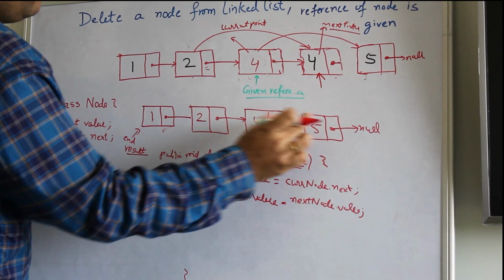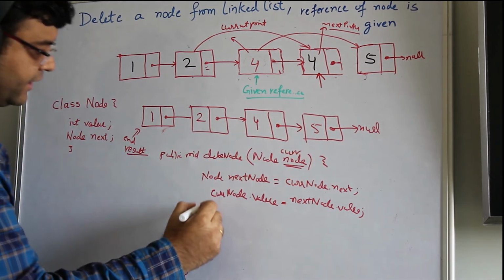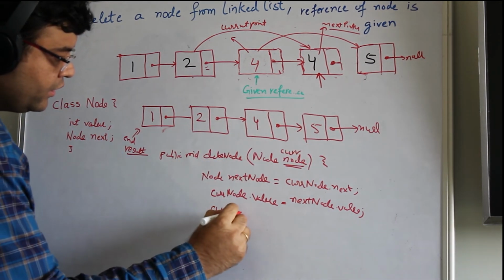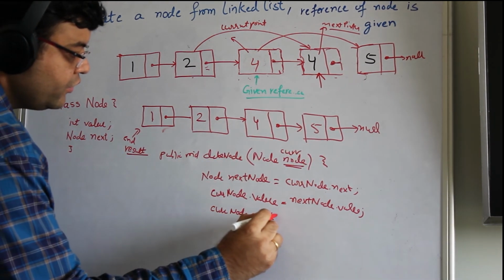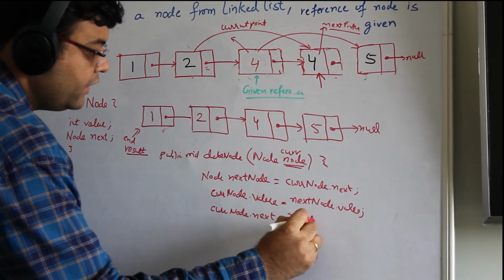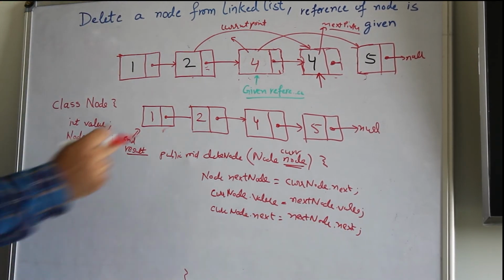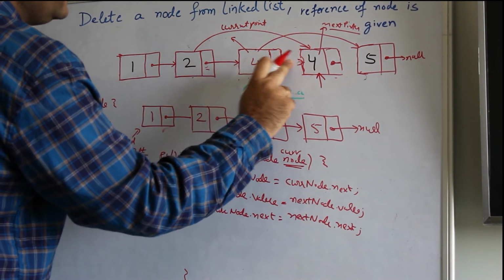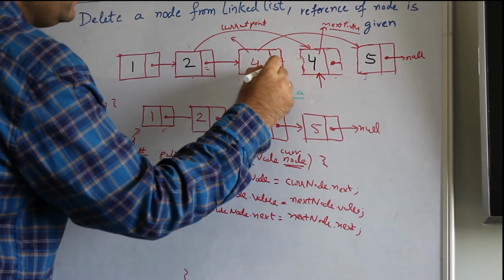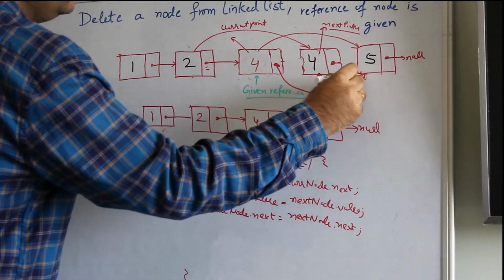This pointer should directly point to 5, right? So we'll say current node dot next should point to next node dot next. And now this is no more pointing here, this is directly pointing to this node.